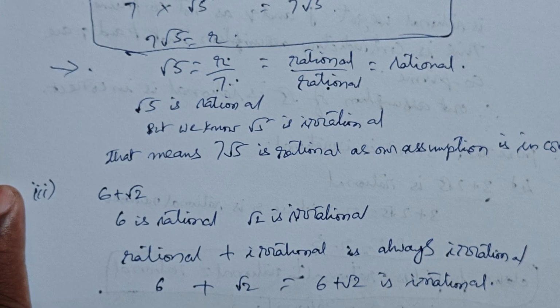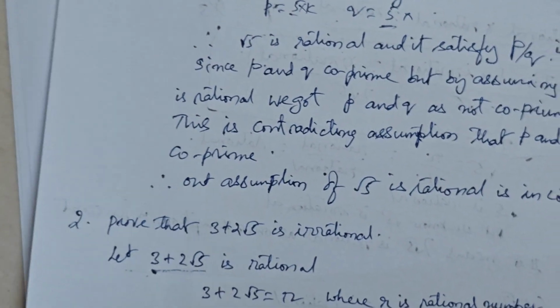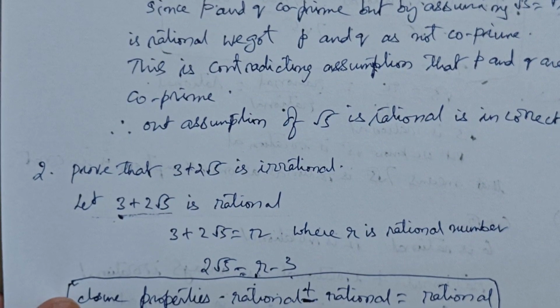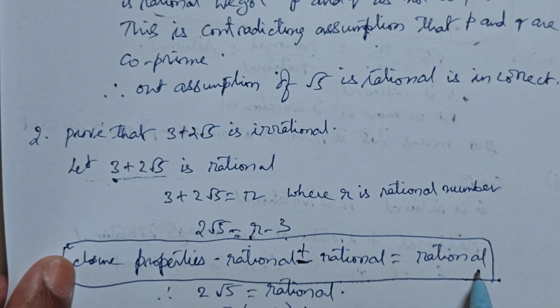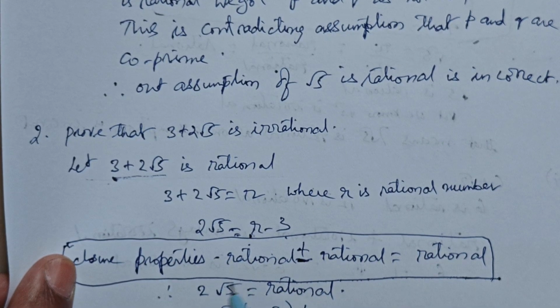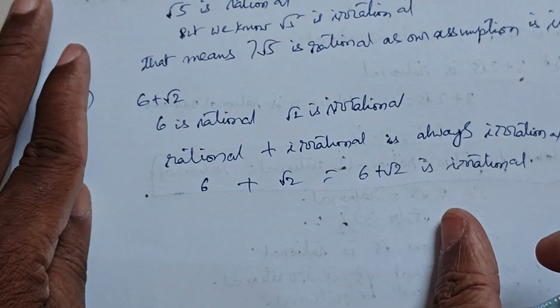Similarly, irrational into irrational is irrational. Remember, rational plus or minus rational is always rational. Similarly, rational plus or minus irrational is always irrational.